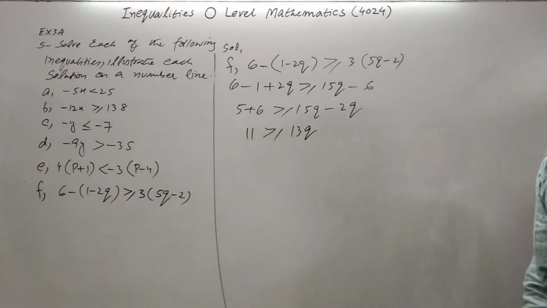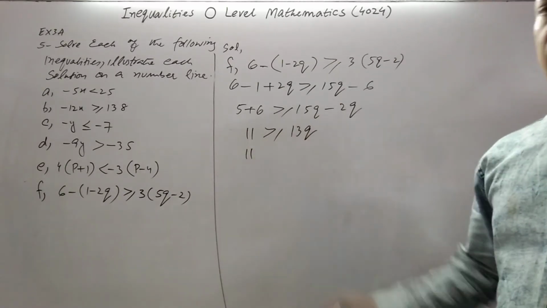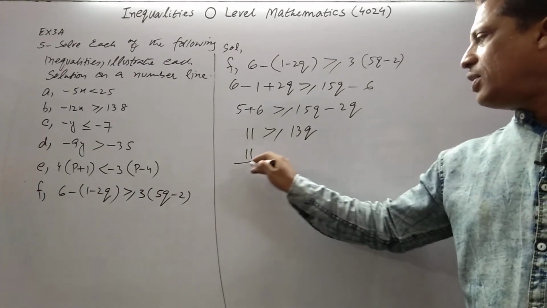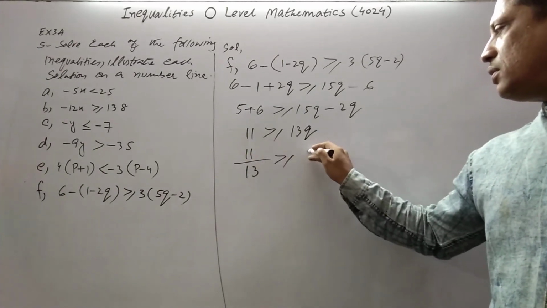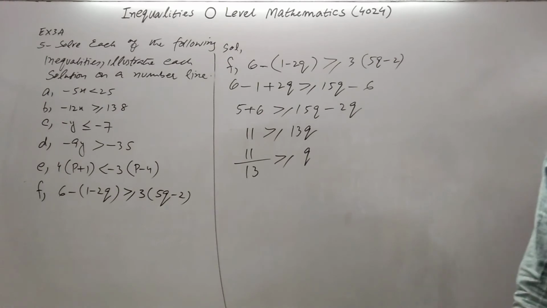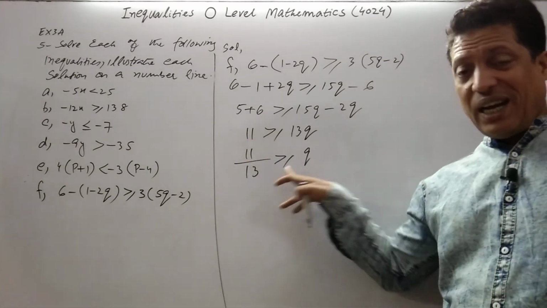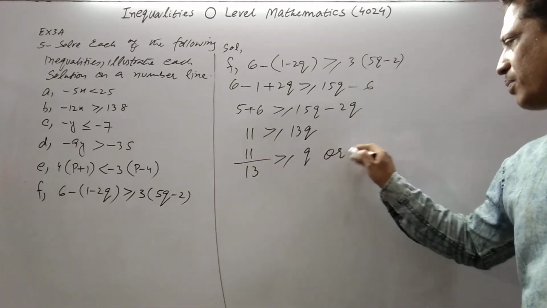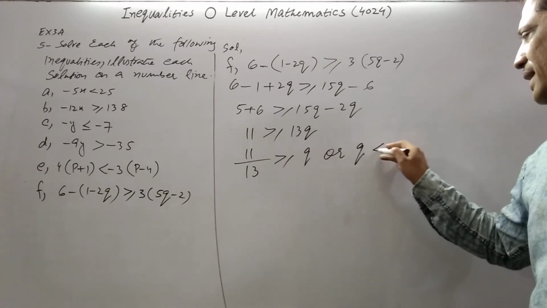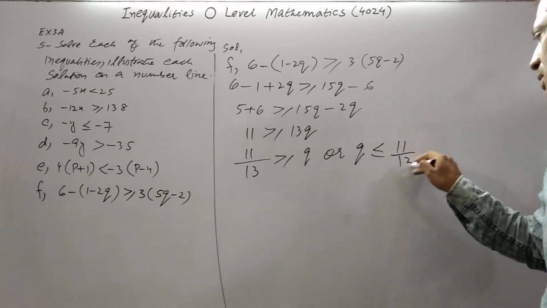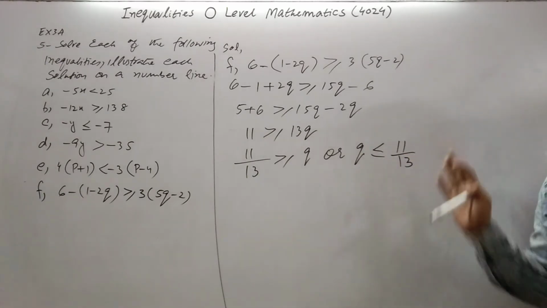13q. Then this 13 is multiplied over here, so it should divide on the other side. You can write 11 upon 13 greater than or equal to q, or more comfortably q is less than or equal to 11 upon 13. This is more accurate.